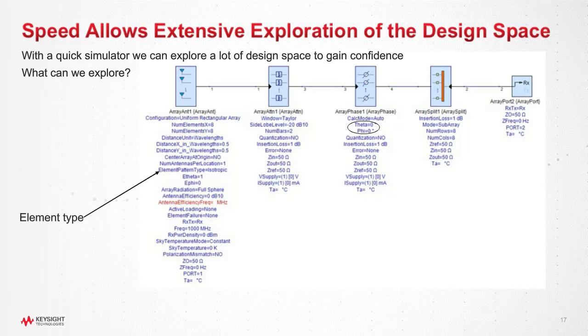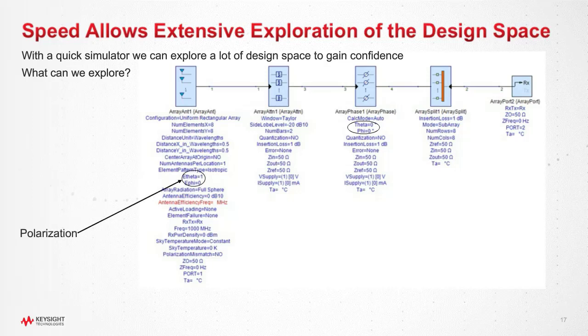We can substitute different types of elements very quickly. The patterns can come from either a simulated electromagnetic tool or from measurements of the actual element. We can bring those patterns and simulate in this simulator.